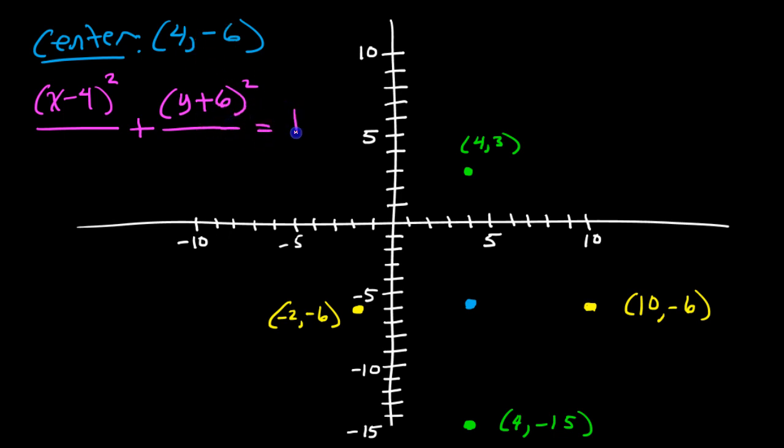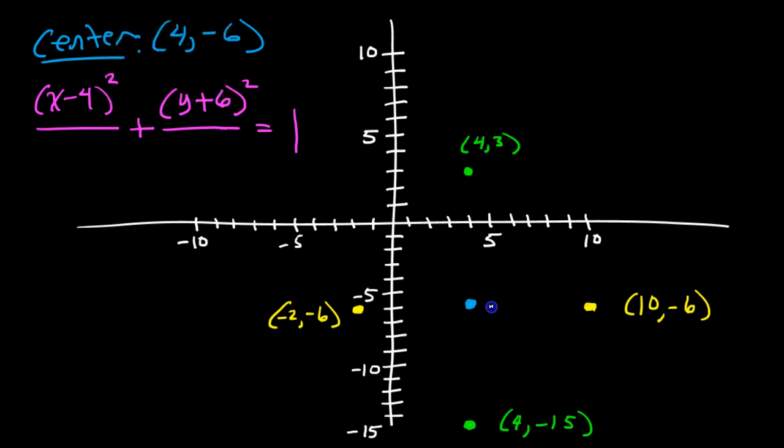And for an ellipse, we're always going to have equal to 1. So now we just need to talk about the a squared and the b squared. We don't know anything about the vertices, but we do know that these yellow points are the covertices. So you see how the covertices are horizontal?